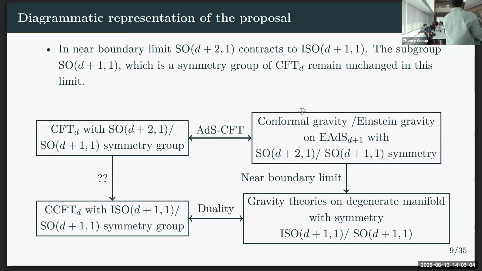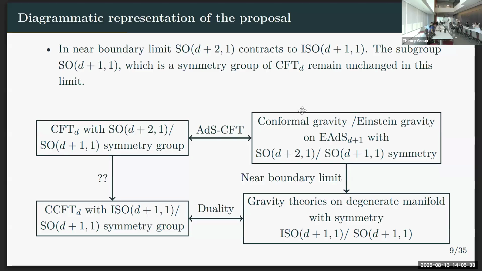Now the symmetry group of these theories will be SO(D+2,1) or SO(D+1,1), right? And now from AdS-CFT, what we know is that they should be dual to some conformal field theory with the symmetry group SO(D+2,1) or SO(D+1,1), right? So the top part is this AdS-CFT, right here.